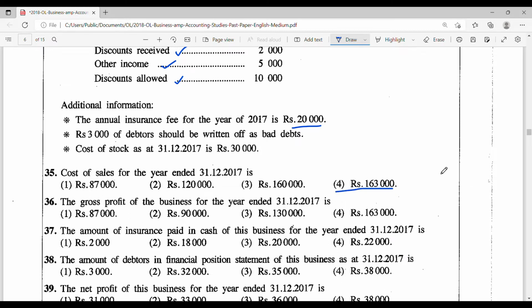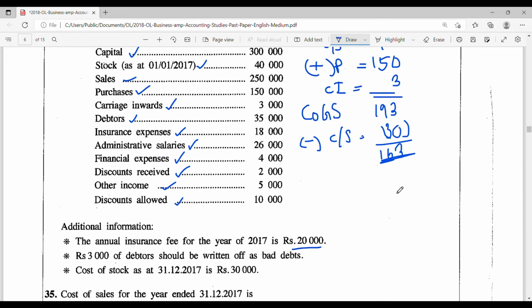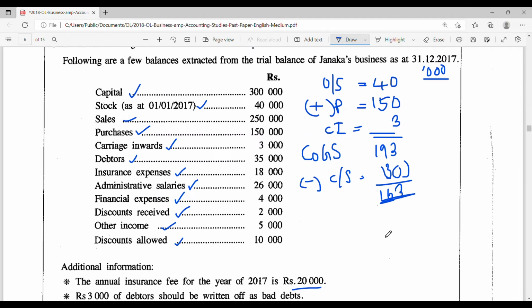Question 36. The gross profit of the business for the year ended 31st December 2017. Now you have the cost of sales, 163. Let's see sales. You have sales of 250,000. Just don't directly jump into finding the gross profit.